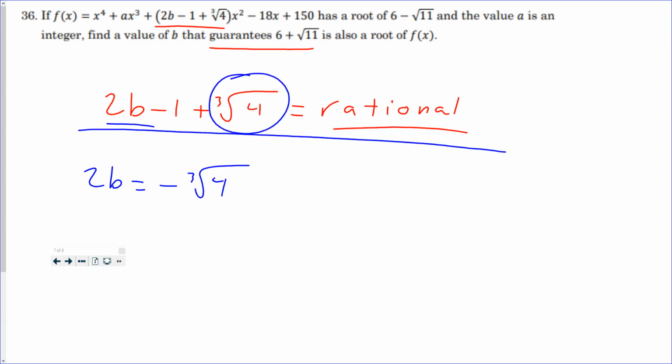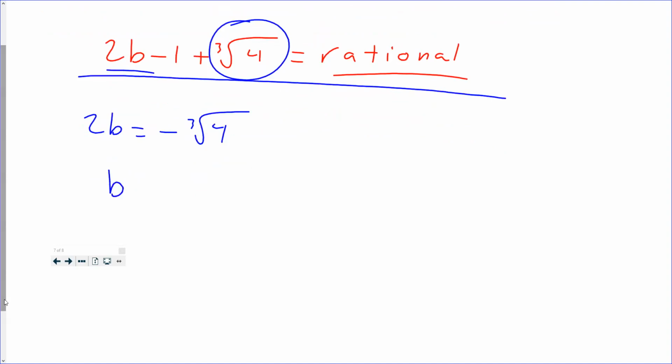To make this rational, the easiest way is to get rid of that cube root of 4, by making 2b equal the negative cube root of 4. Because then it cancels out that positive cube root of 4, and you end up with just -1. That's a rational number. So in this case, b is going to be negative cube root of 4 all over 2.